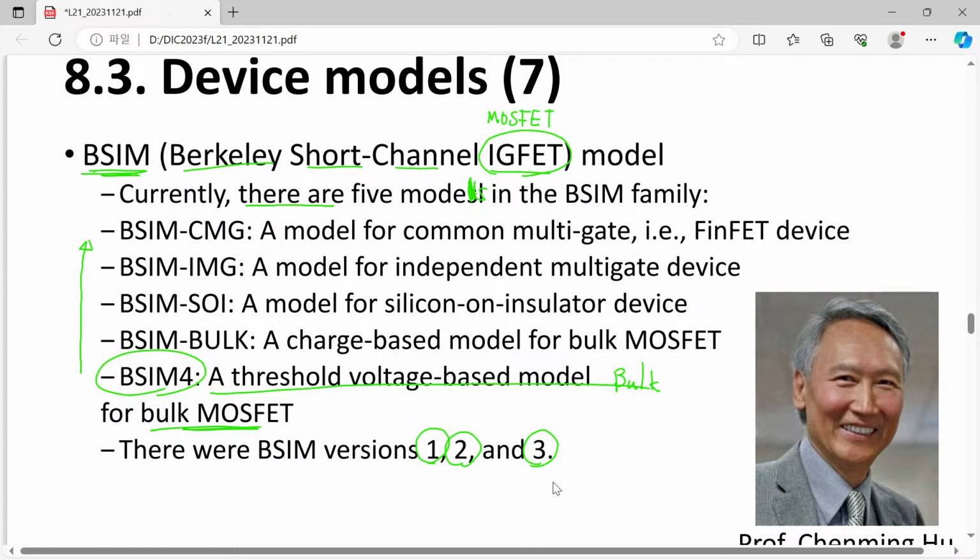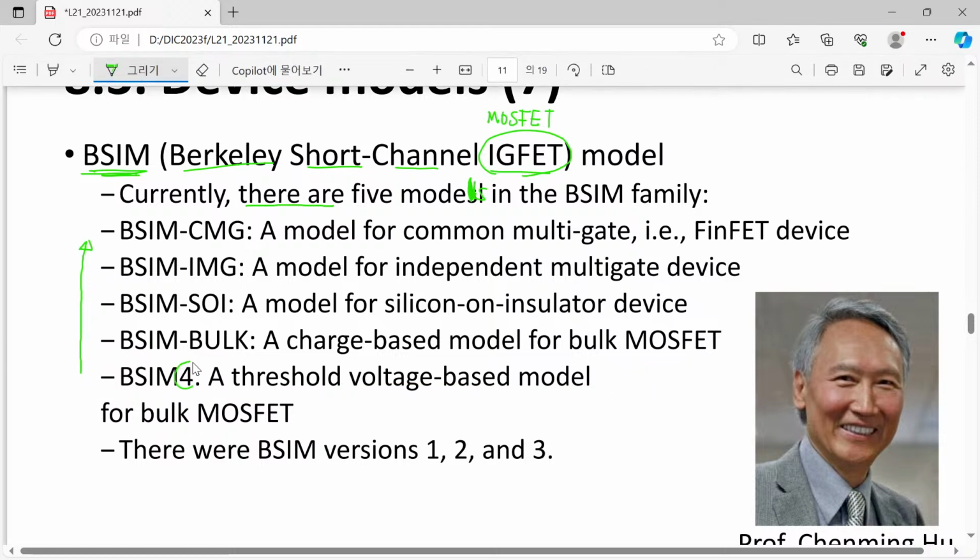After that, they introduced BSIM4 and other models. You can see that, wow, we have many things. BSIM4, BSIM-Bulk, which is also another bulk MOSFET model. And in between there were many models like BSIM5 and 6, but their names have been changed.